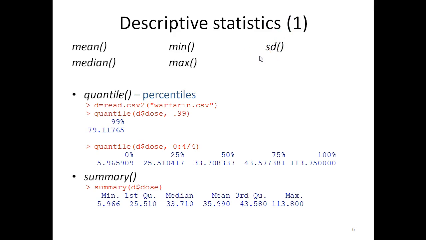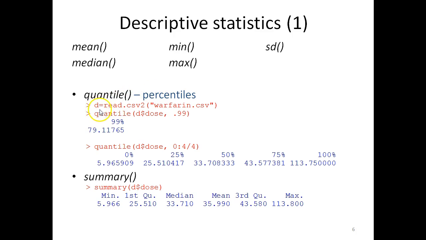Sometimes the standard deviation is not enough and you want perhaps to present the interquartile range, and then you can use the quantile command, which actually presents percentiles.